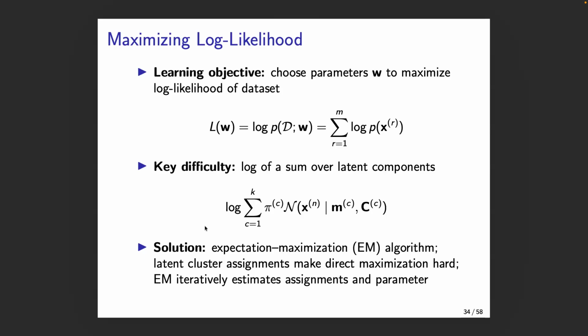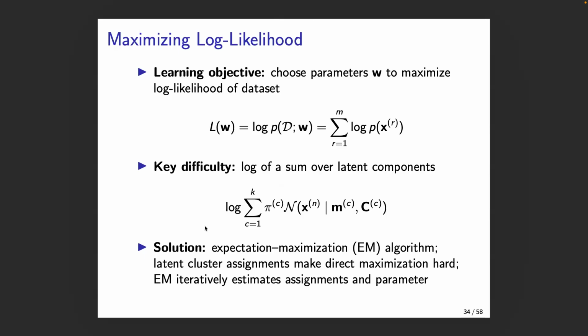Okay, so now we covered the probabilistic Gaussian model, which has certain parameters, and we have these soft labels. The next question is, how do we actually find the parameters for these Gaussians? What are we actually optimizing for?